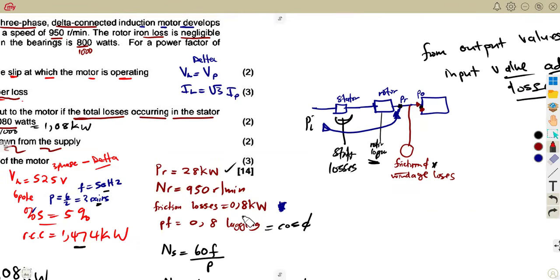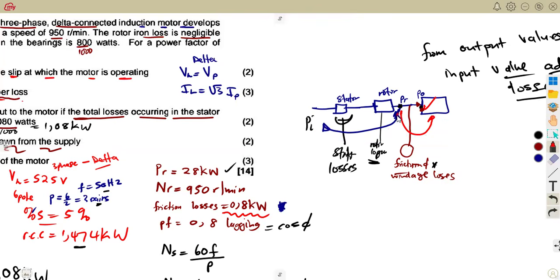We have the friction losses. They're there. So we must consider now calculating the output from this rotor going to the output. So which direction are we moving? We are moving in the direction of input going to the output. As I said, moving opposite input, as we go this side, you are subtracting.